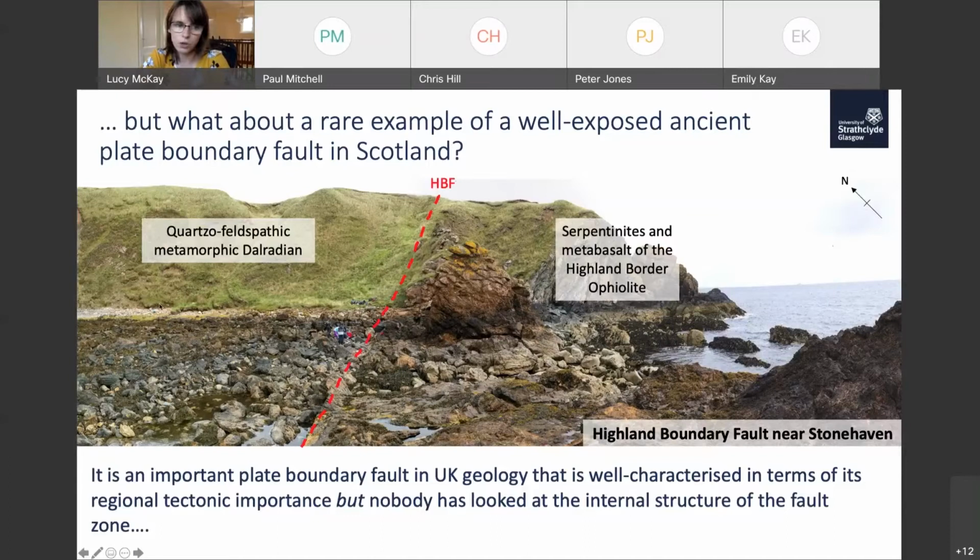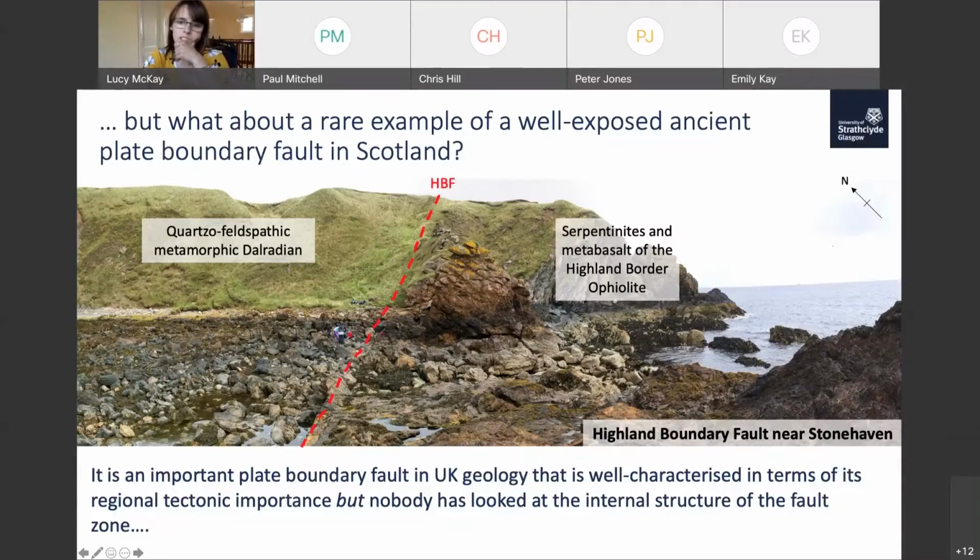So on one side you've got quartz feldspathic crustal wall rocks that belong to the Dalradian Supergroup, and on the other side you've got oceanic serpentinites. But unlike the San Andreas, this is actually a relatively well exposed along strike section of the fault.